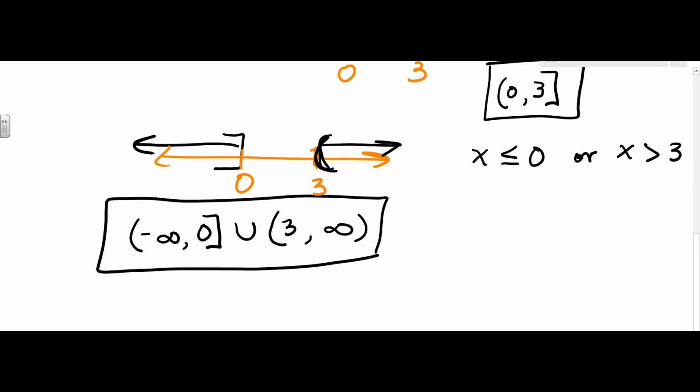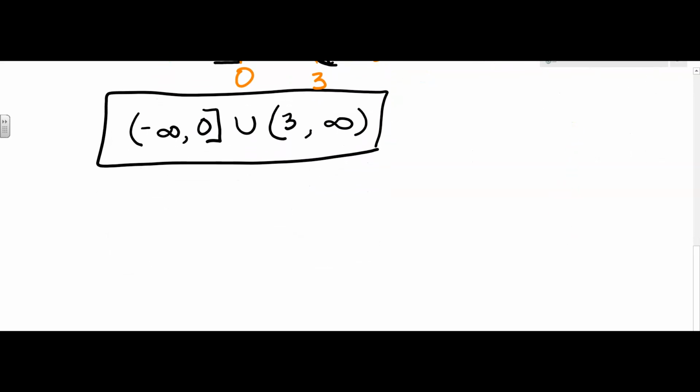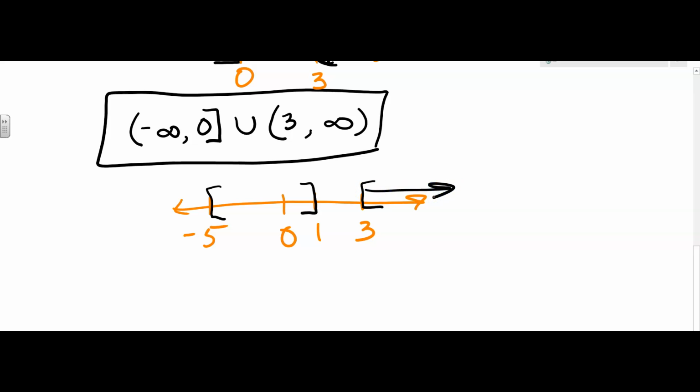Okay, I'm going to do one more example, and then we'll do more practicing later. Let's say we have 0, negative 5, 3 and 1. Let's say we want this set of numbers from negative 5 to 1, and then we want to go from 3 to bigger than 3.